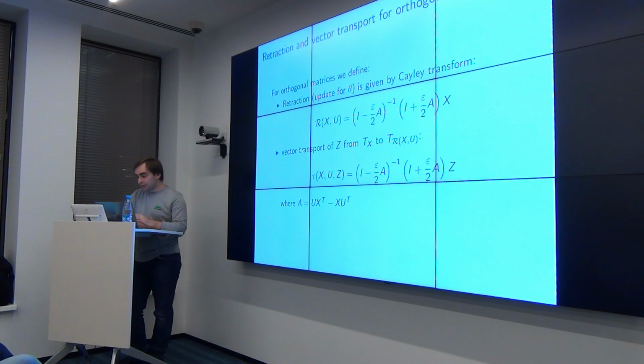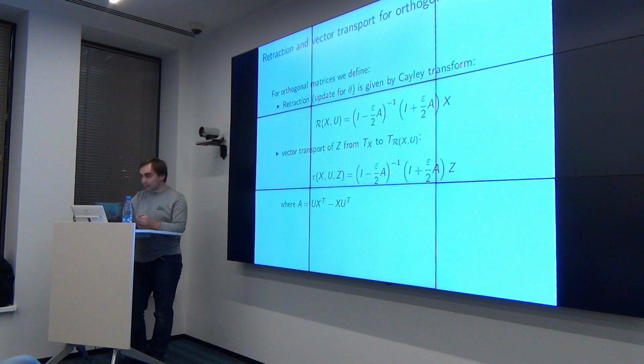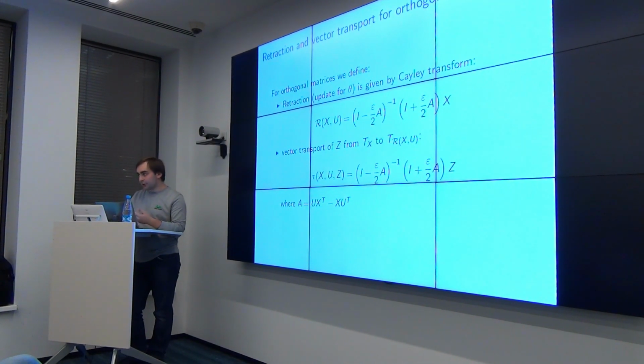It's quite intuitive why it's defined like this. Take orthogonal matrix X. It's n by p, for example, where p is less than n. This orthogonal matrix is a set of orthonormal vectors, and as they are orthonormal, they lie on the unit sphere because their length is 1. They are somehow arranged on the unit sphere.